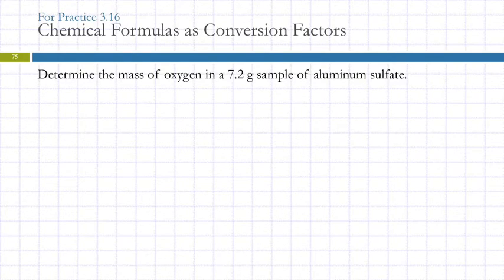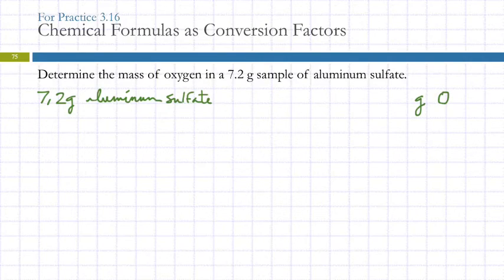So we've got 7.2 grams of aluminum sulfate. Following our basic problem-solving strategy here, what do we want to know? Mass of oxygen.